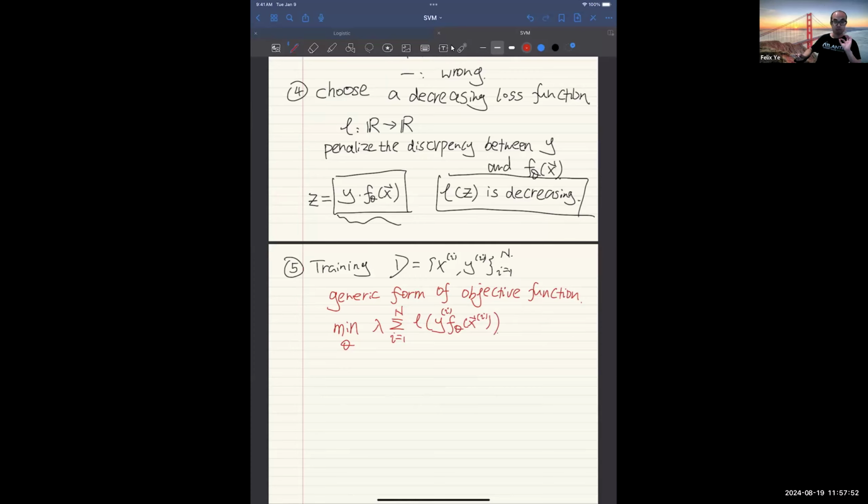Everything that matters is just y multiplied by the classifier, plus R of theta right here. So this is actually a regularizer, a regularization term.